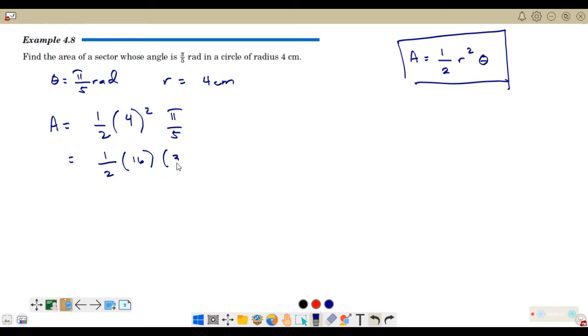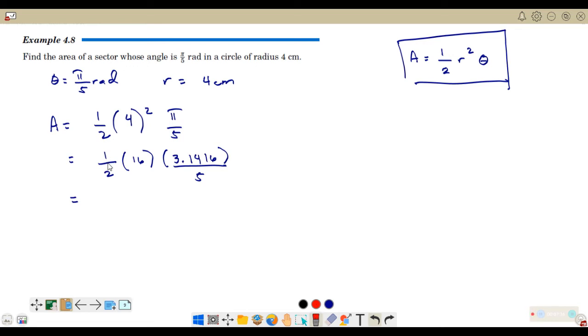And pi is 3.1416 over 5. Okay. Kuha tayo ulit ng calculator. So, habang nag-iintay tayo na mag-load yung calculator ko, simplify na natin yung mga kaya natin.